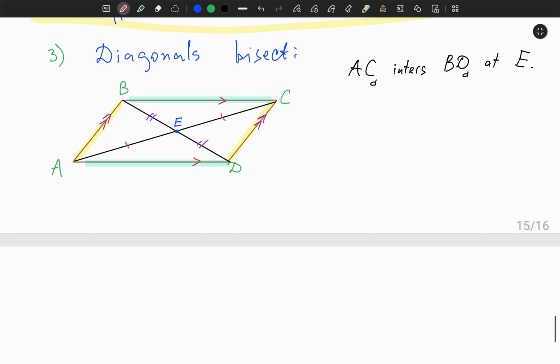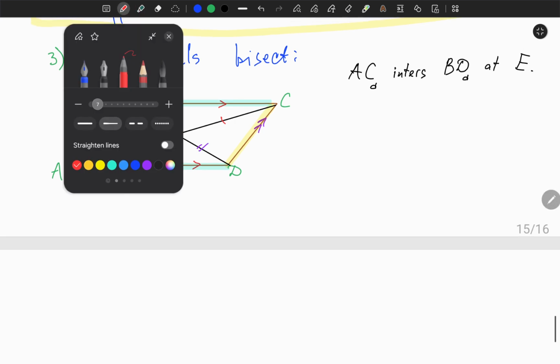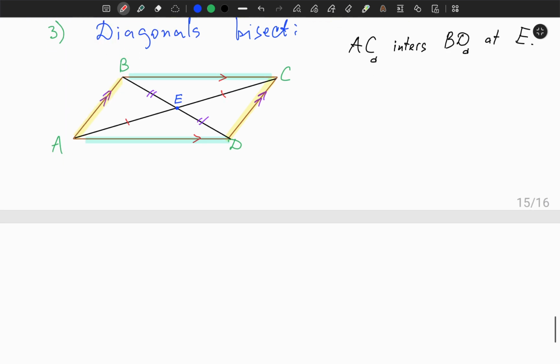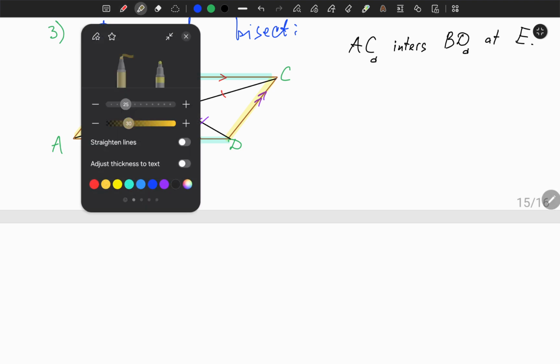Okay. Let's try to prove it. How are we going to prove it? For proofs, of course, we're going to use the triangle congruence postulates like ASA, SAS, or SSS. We'll try to use one of those. Okay. Let's look at the first triangle.